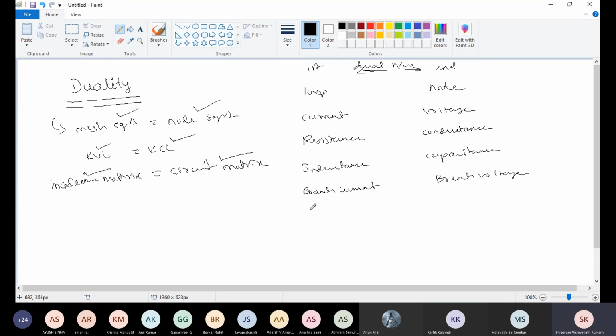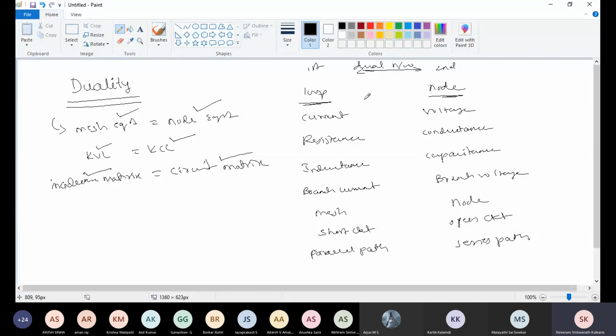Then mesh analysis will be replaced by node analysis. Then a short circuit will be replaced by an open circuit. Then a parallel path will be replaced by a series path. See, what do you mean by dual?